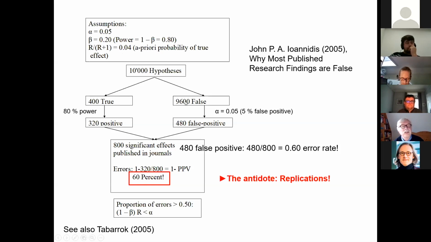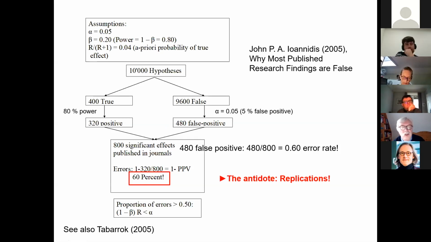9,600 are false. With 80% power, we identify 320 as positive, significant, and because of the 5% false positive rate, 480 as false positives. So in all, we have 800 significant results.